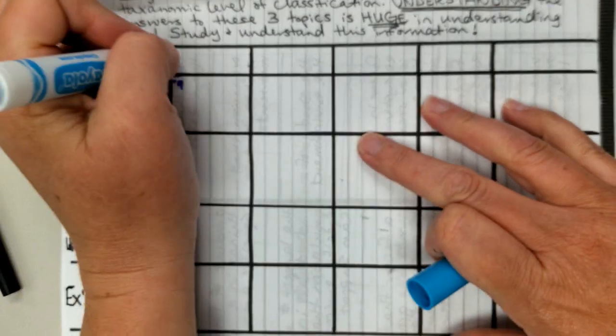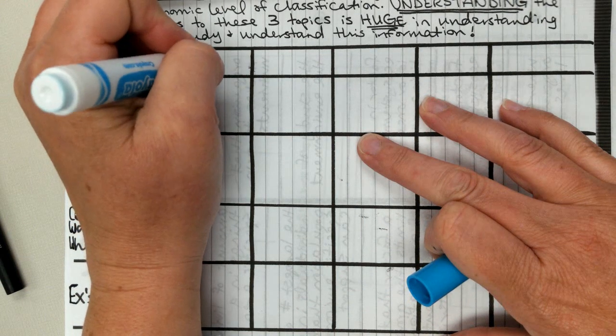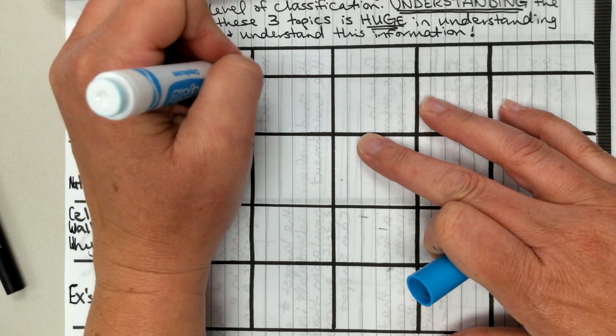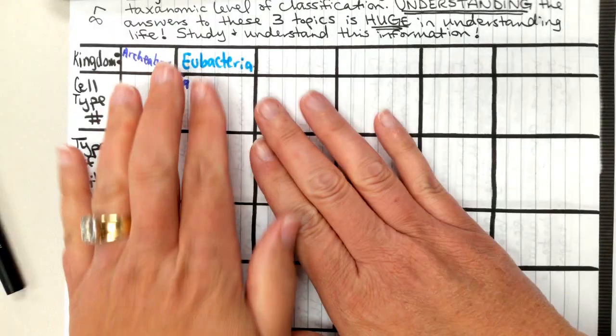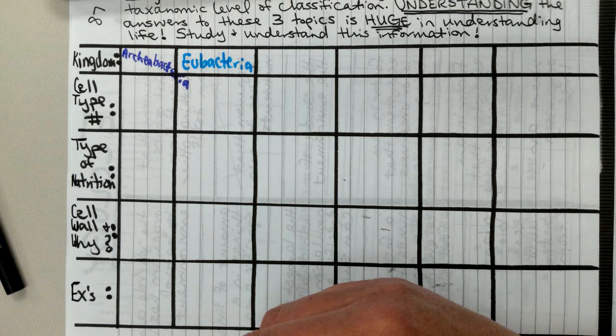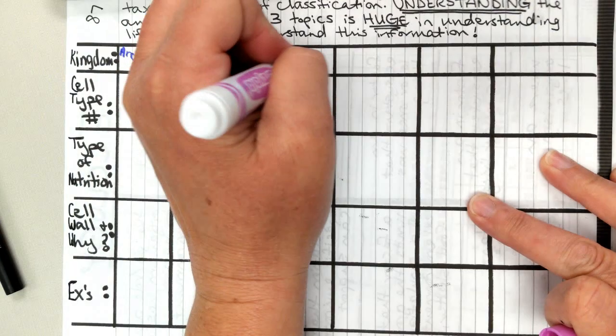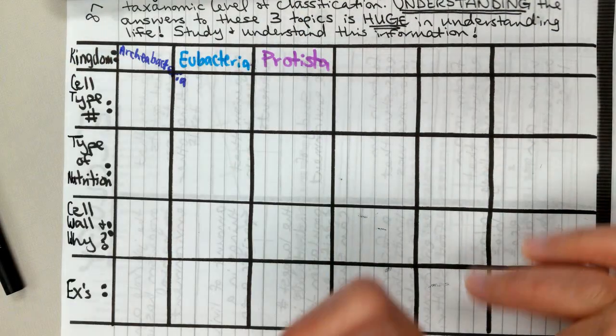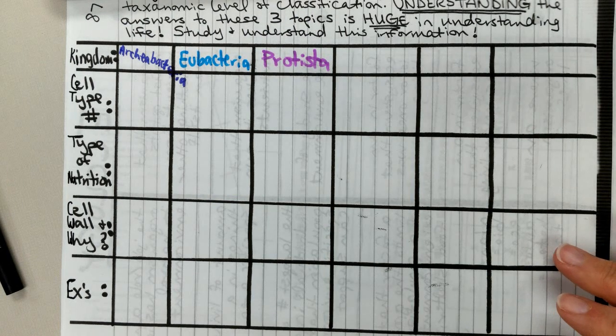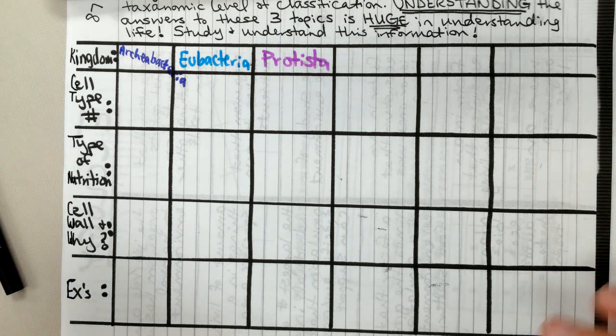Archaeobacteria, eubacteria, these are our two prokaryotic kingdoms, and then we have protista, or protist. I call that the reject kingdom because they don't fit anywhere else.